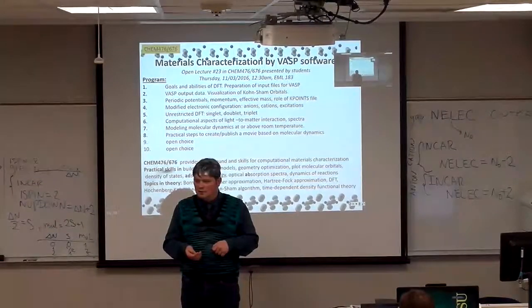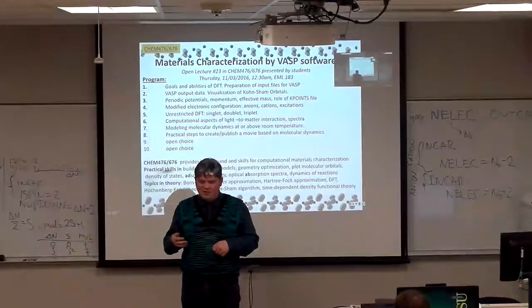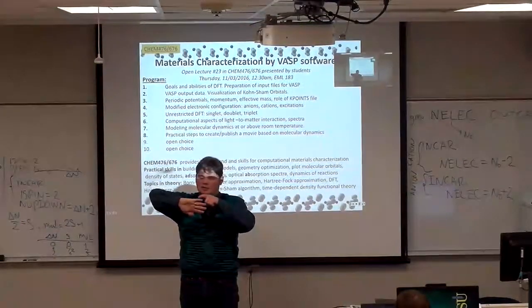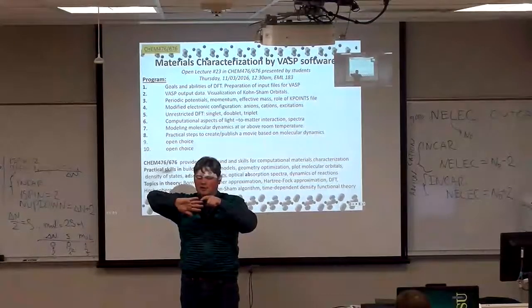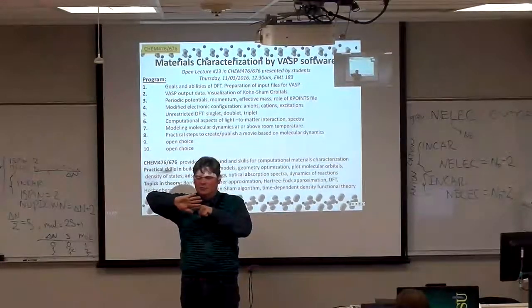And then we will try multiplicity. So hoping that the system is in the singlet, we will make it explicit. So gamma neutral, gamma anion, gamma cation, gamma excited, gamma spin allowed singlet.